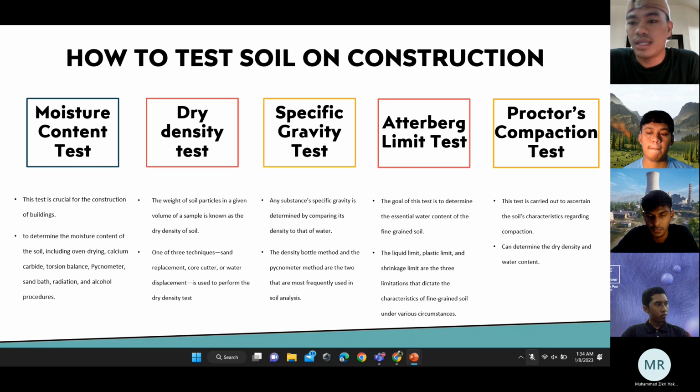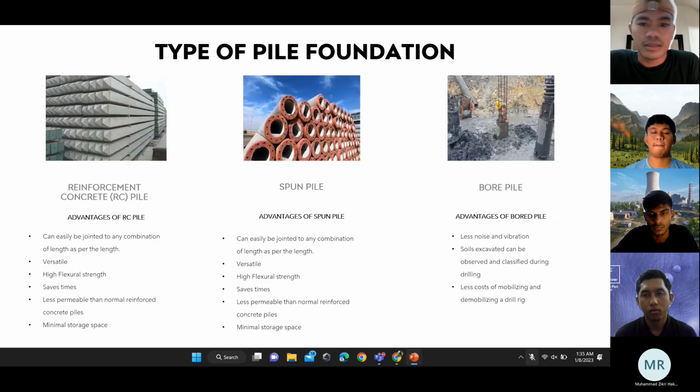The last one is the proctor compaction test. This is a very important test for soil. This test is carried out to ascertain the soil characteristics regarding compaction, and this test can determine the dry density and water content. Next, I'll pass to Reza.